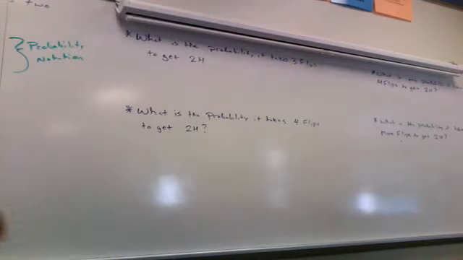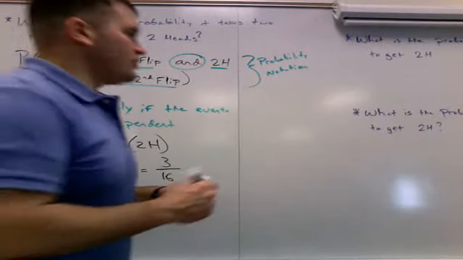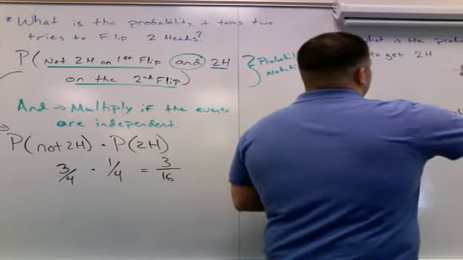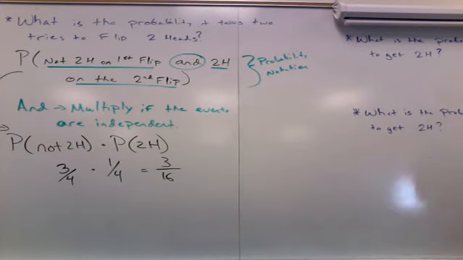Everything that we wrote in black over here, the probability notation, the and statement, the multiplication, and then the fractions, that's what I want to see written for this one. Everything you did in black for the first one, I want you to do that for this one.